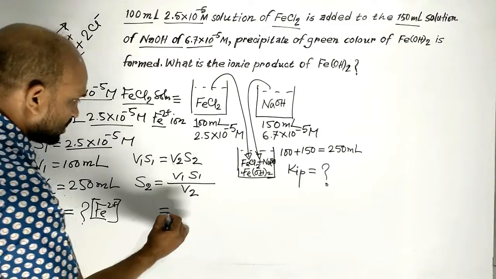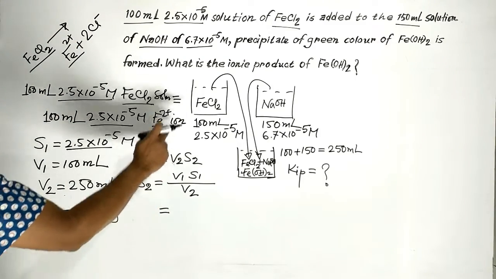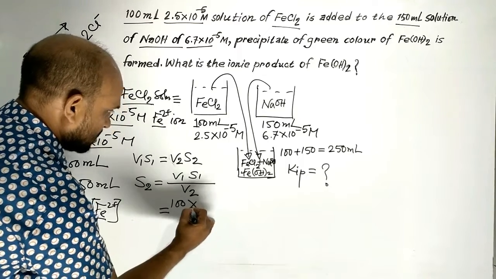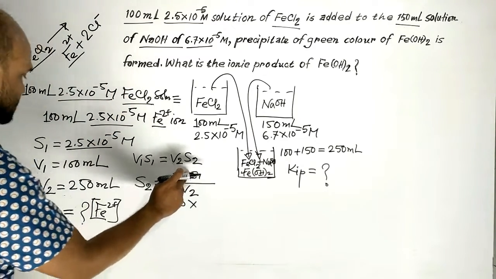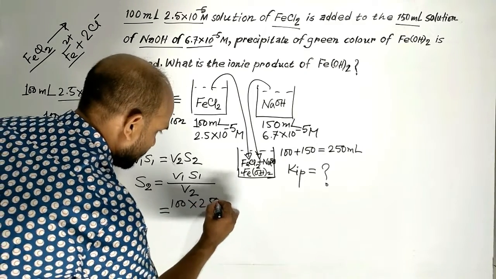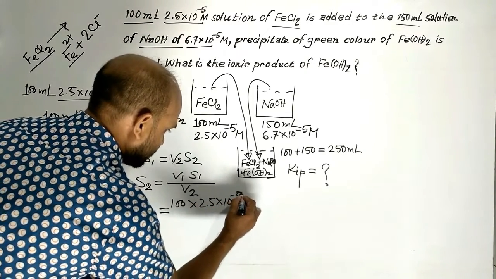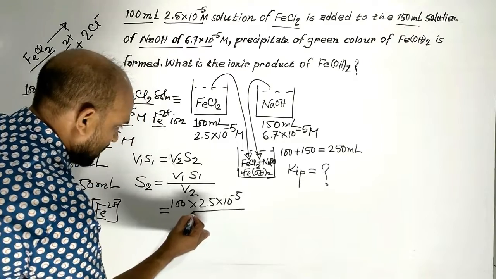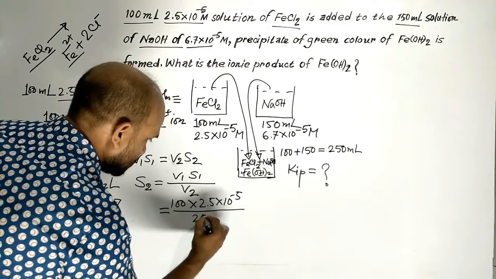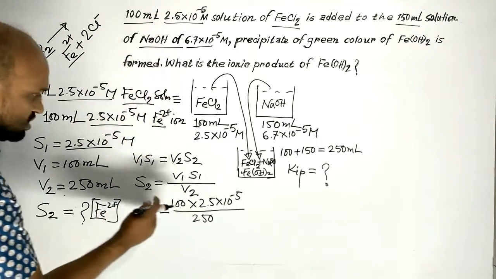Before mixing the volume V1 is 100 milliliter, strength of ferrous ion is 2.5 times 10 to the power minus 5, and after mixing the volume is 250 milliliter.